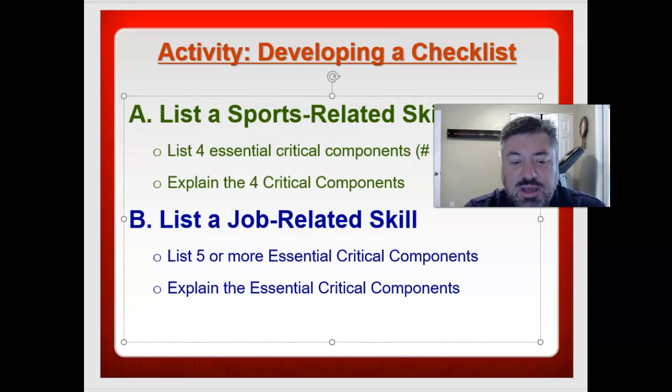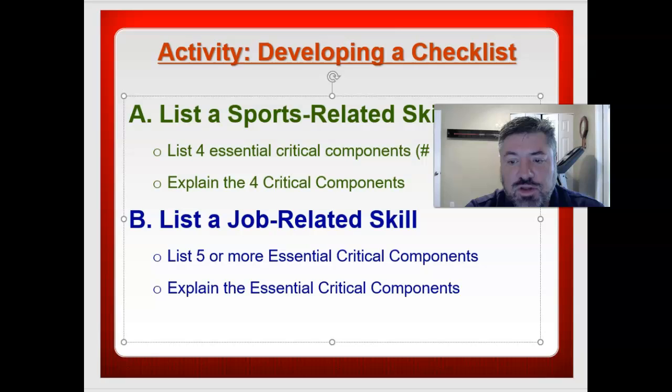So this would be the stance, the preparatory phase, the action phase, and the follow-through. And you might want to break the stance down into 2 parts, or the prep phase into 2 parts, or the action phase into 2 parts. So you might actually have more than 4 essential critical components if you're looking at subcomponents.